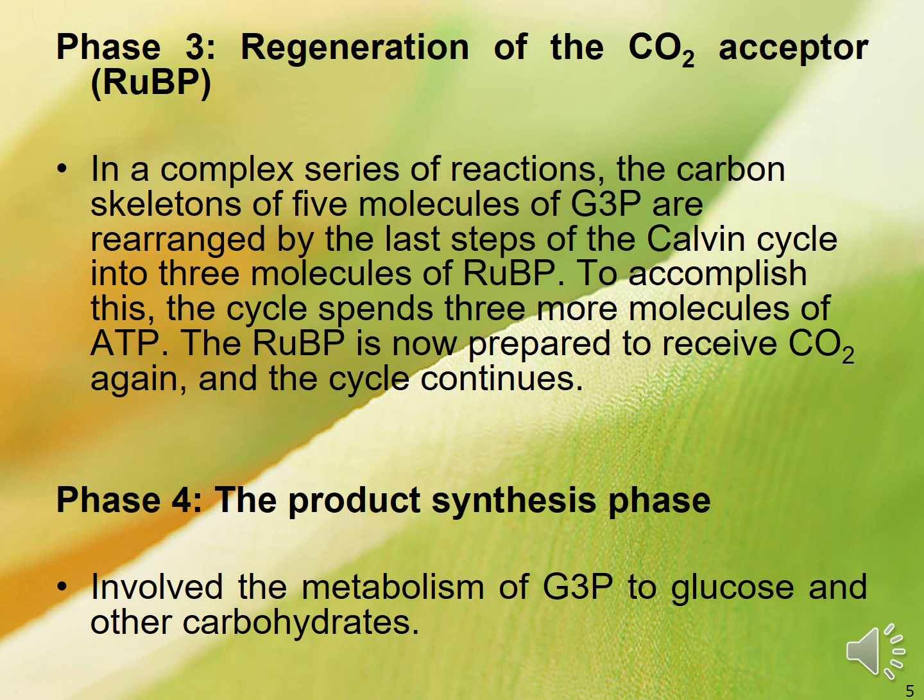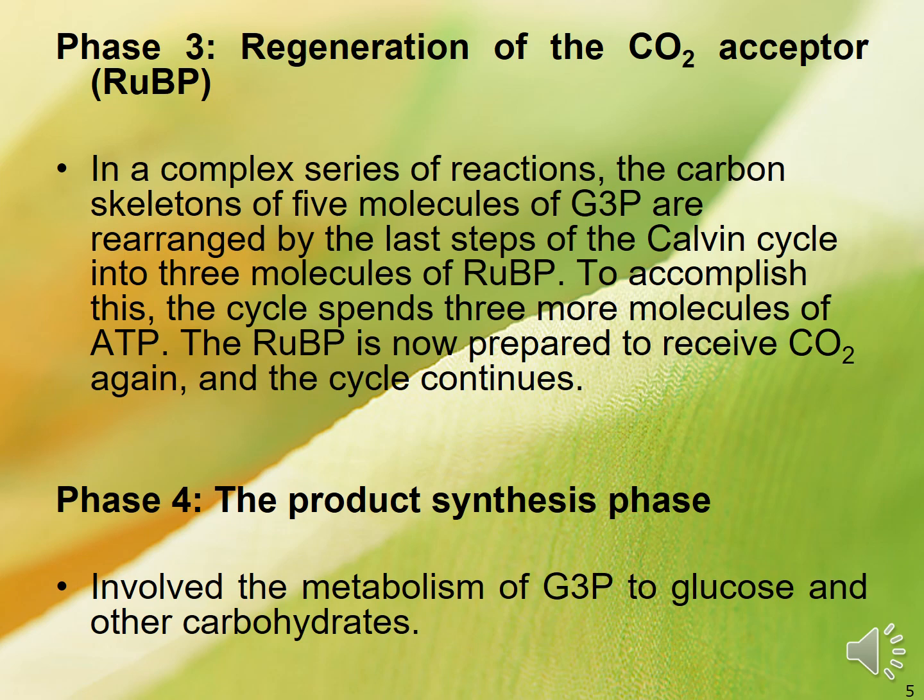In this process, the carbon skeleton of 5 molecules of G3P will be rearranged in order to produce 3 molecules of RuBP. Remember, in phase 2, they produce 6 G3P. One will be used to synthesize the sugar, and we have a balance of 5 molecules of G3P.